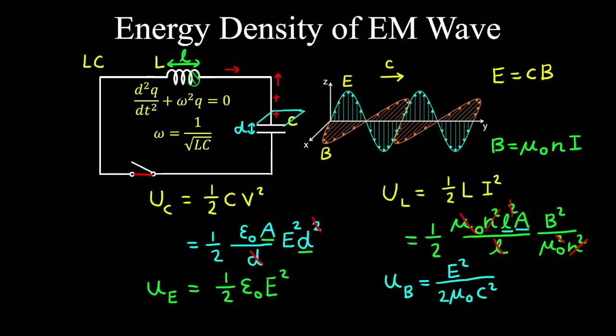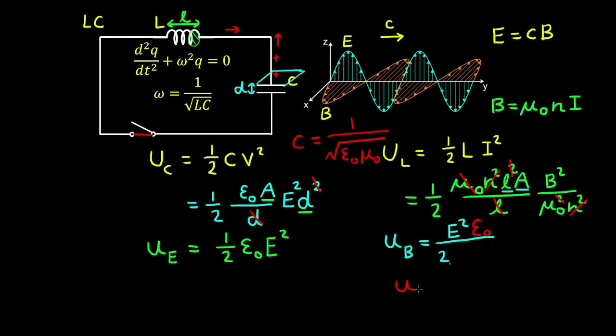And now using the relationship between the speed of light and the electric permittivity by the magnetic permeability, we have mu naught by c squared is 1/epsilon naught. So therefore, this becomes epsilon naught in the numerator. And therefore the energy density of the magnetic field is 1/2 epsilon naught by E squared.